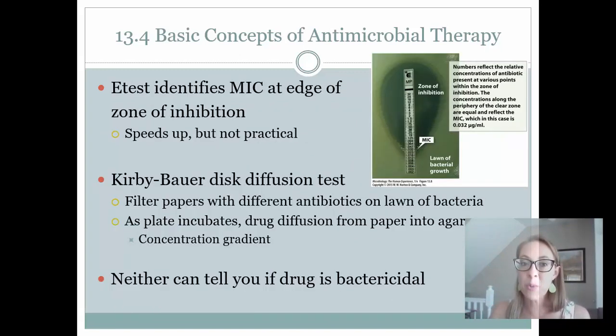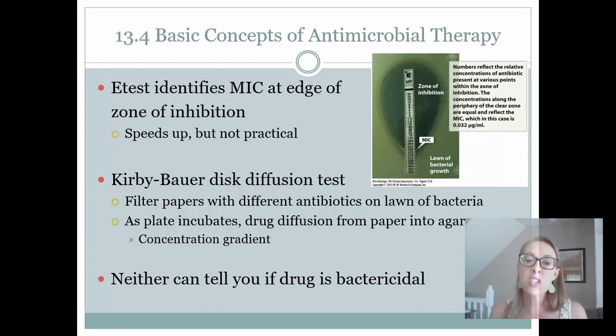So let's look at another way in which we can determine the minimum inhibitory concentration. What's depicted over here on the right is what is called an E-test. This one, again, is going to help us to identify the minimum inhibitory concentration, but this one is done on an agar plate. We take a petri dish, and we have our species that we're interested in testing.